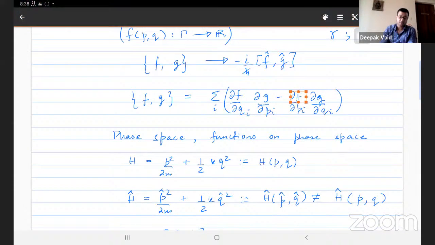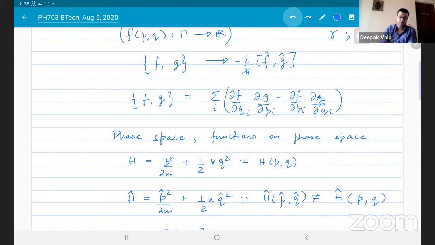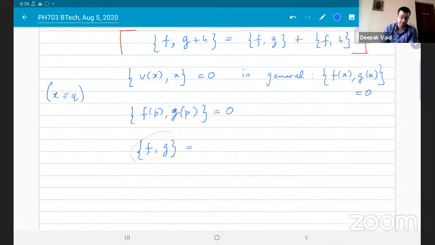And if f does not depend on p, then this term will be 0. So if neither g nor f have any dependence on p, they only depend on x, what will happen? This whole thing will be 0. The same thing applies if both of them only depend on p but not on x. It's very simple to see that.